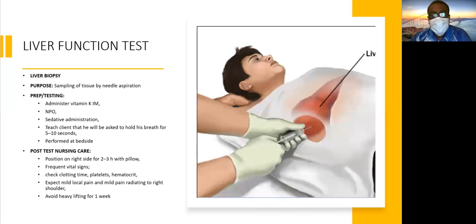Again, it's expected that you could have mild local pain or mild pain radiating to the right shoulder. That's also expected. The client should report any severe abdominal pain immediately because it may be an indication of perforation of the bile duct or peritonitis. So he needs to report that immediately and avoid heavy lifting for at least 1 week.